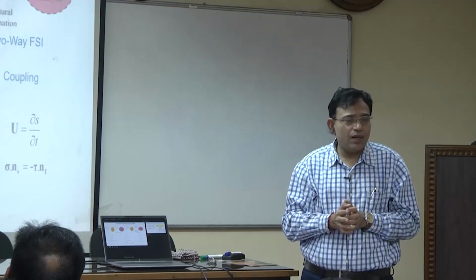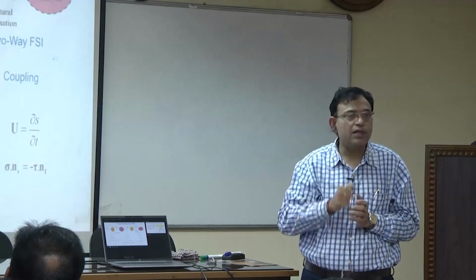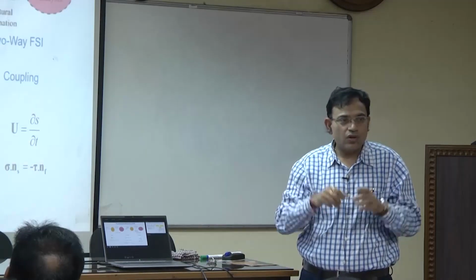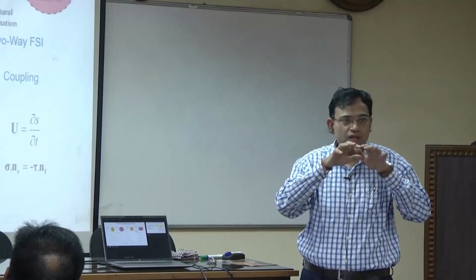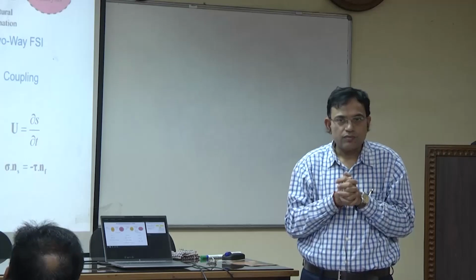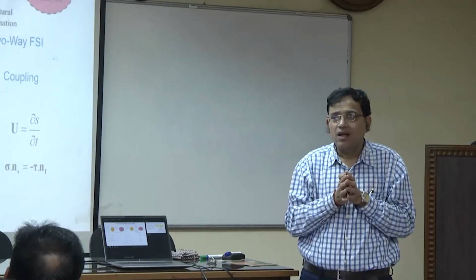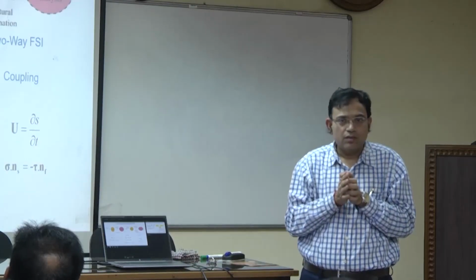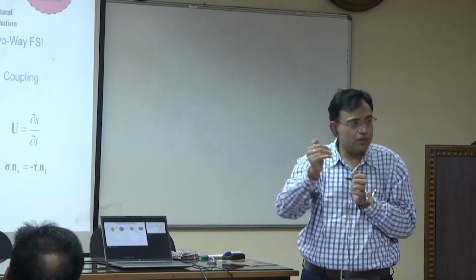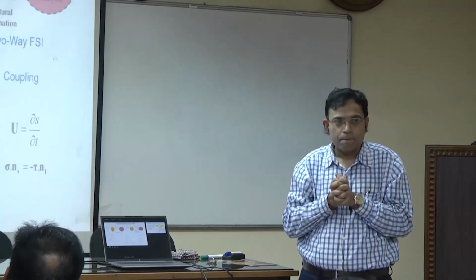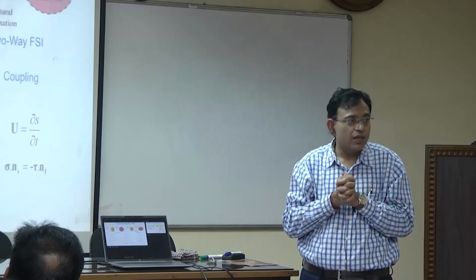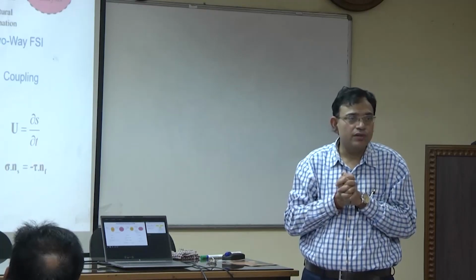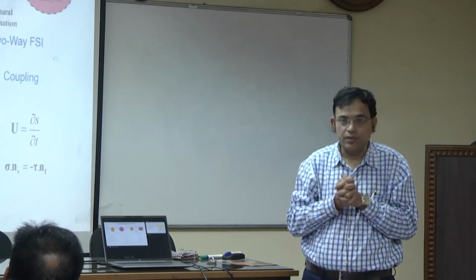So when you have a solid and a fluid, how are they interacting? Remember that on the surface of a solid you will have a normal stress and you also have a tangential stress. Now that normal stress is passed on to the fluid as a pressure on the fluid.